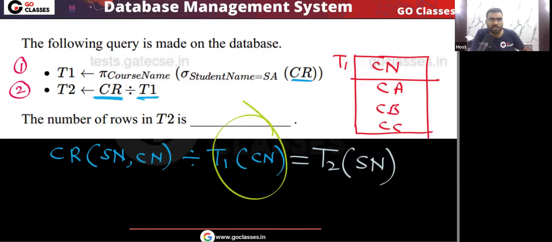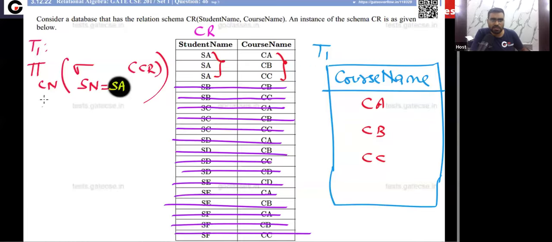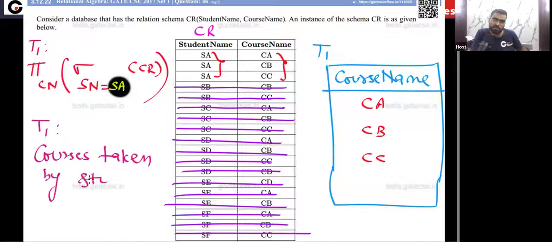These are the courses taken by student SA. Remember, in T1 we have courses taken by student SA. Do you agree? So this is your T1. These are the courses taken by student SA.